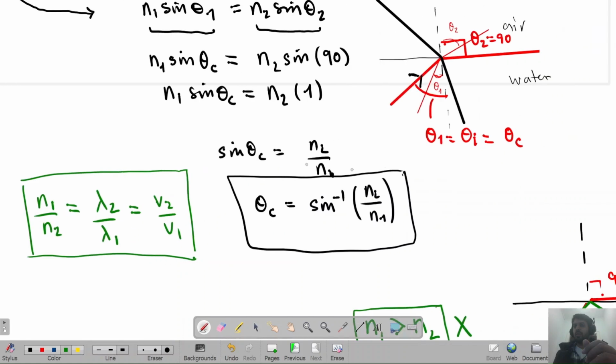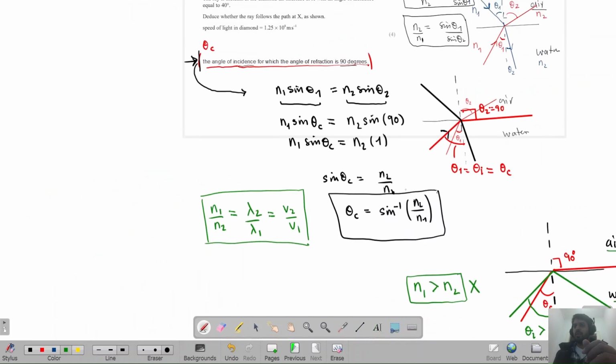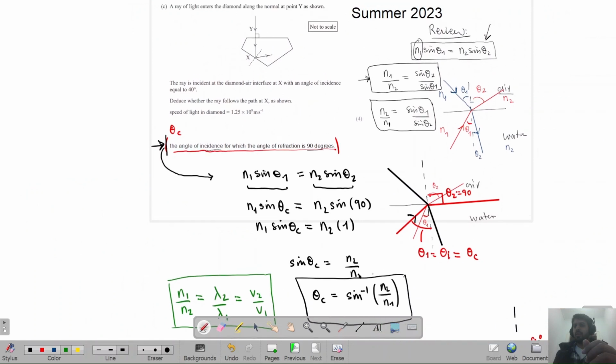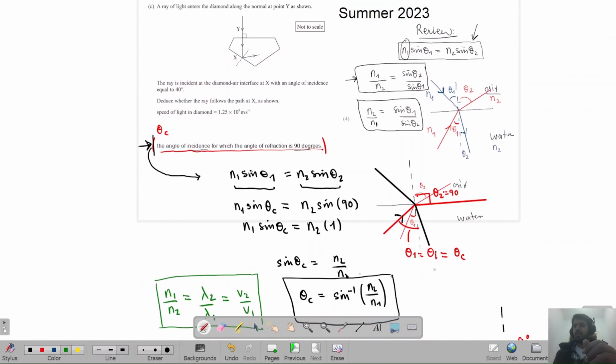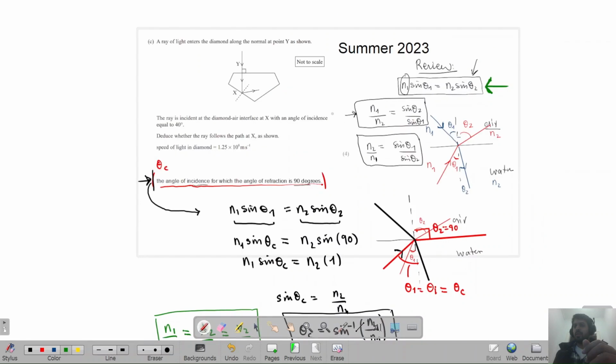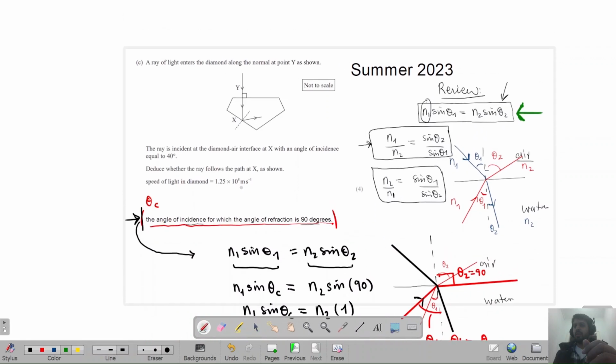And I wanted to explain all of these concepts in a single lecture, because all of these things are connected, right? So you can see critical angle, total internal reflection, index of refraction, all of these concepts are connected to Snell's law. And this is always a good strategy. If you are learning 2 or 3 concepts that are connected, make sure you always learn them together.